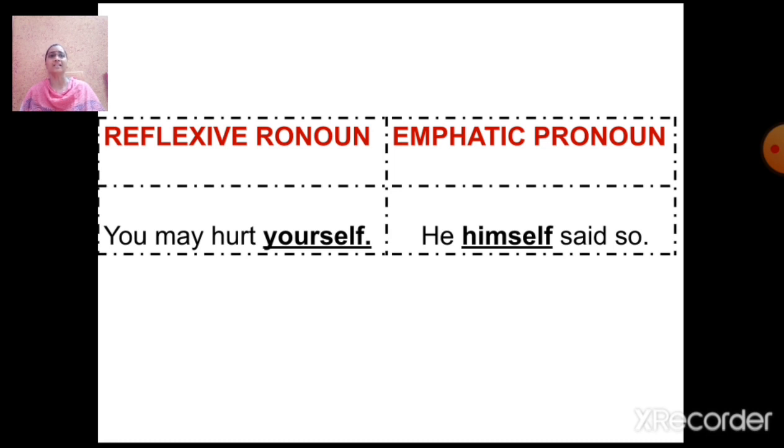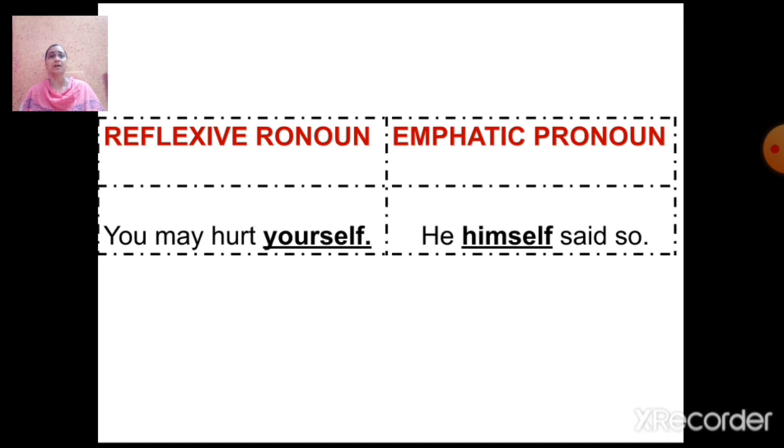Now, let's see an easy way to identify whether the sentence is reflexive or emphatic. Now, in this sentence, you may hurt yourself. If you remove the word yourself and if it affects the sentence, that means it is reflexive.